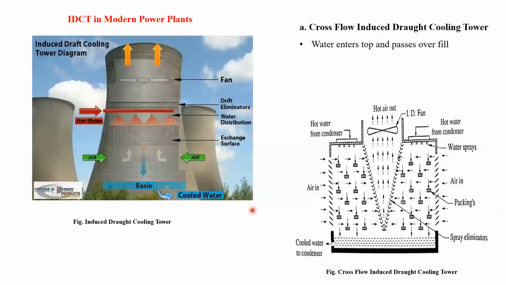Water enters at the top. There are two types: cross flow, which we have seen, where water flows in from the top and air comes in all around the periphery, as we have shown here. Air from all sides of the periphery comes and flows upward, and the ID fan is at the top of the cooling tower.